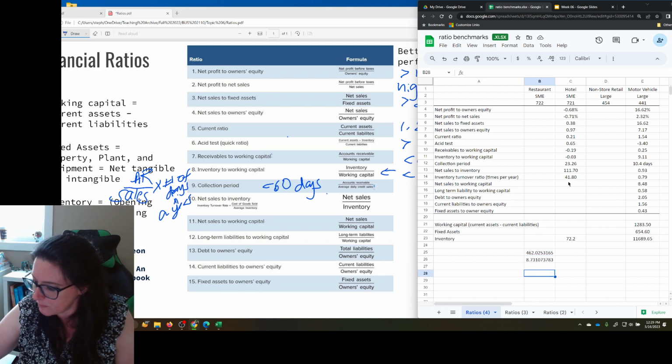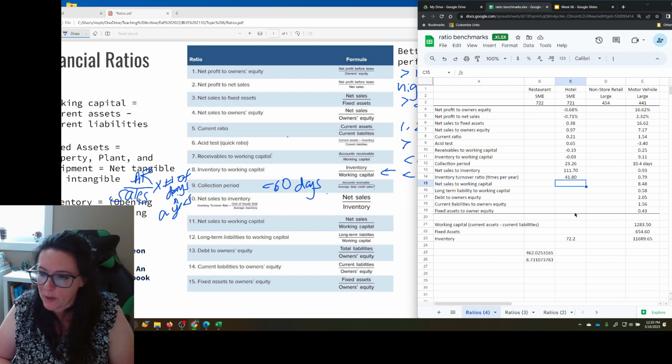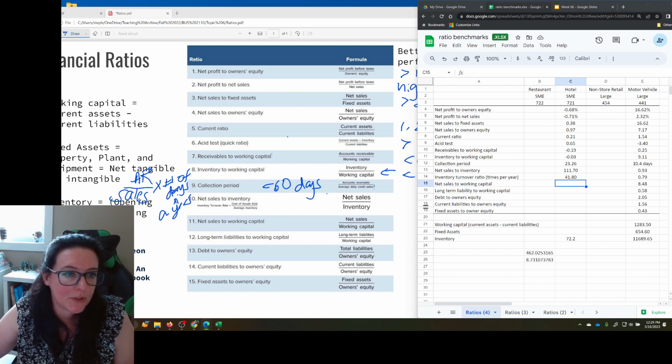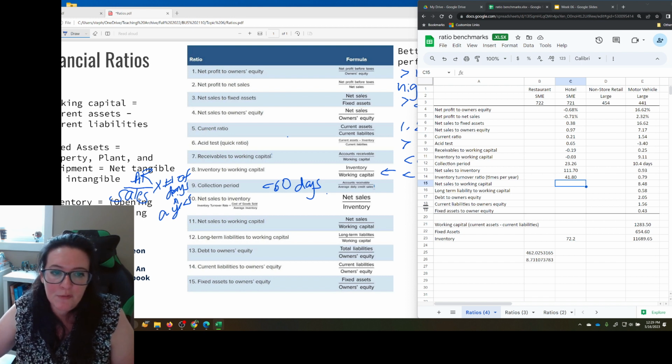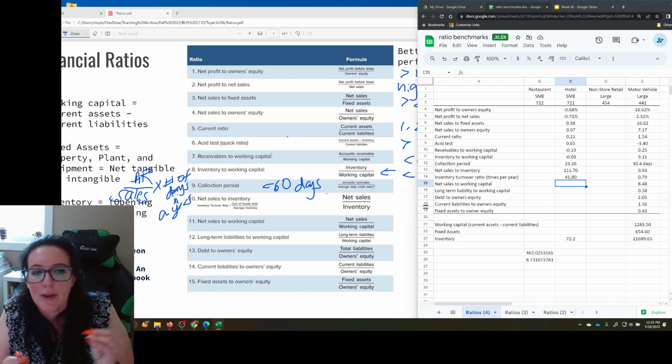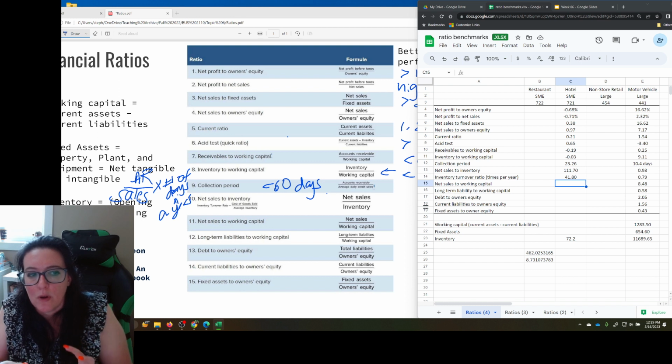All right, so let's look at the next one, which is net sales to working capital. So net sales to working capital, what we're looking for is how well the funds, so we talk about working capital.